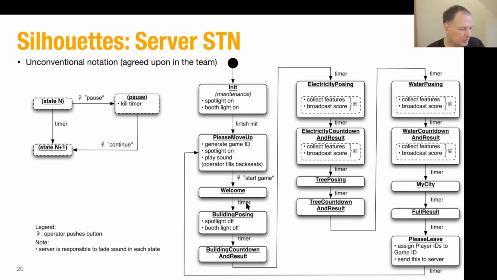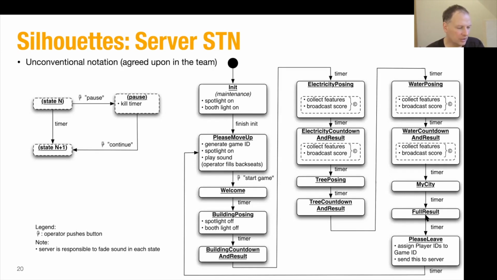And after a timer, it asks people to pose for the buildings. It turns off the spotlights because now people are standing where they're supposed to stand, so we don't need them anymore. And then when this is counting down, after a timer, the countdown happens, and then we basically take the picture and show the result of the building, right? And this repeats then with electricity, trees, and the water, right?